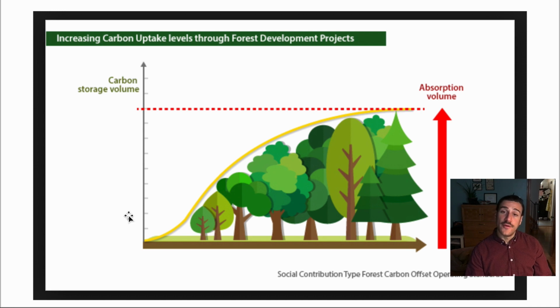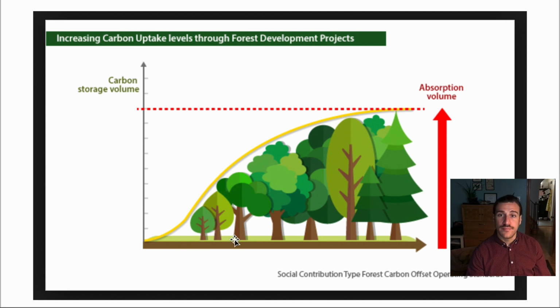Now, depending on which biome you're looking at, there is a maximum amount of carbon storage volume. So this forest is a mixed deciduous forest. There are conifers and deciduous broadleaf trees here. And through time, let's just say there's an intense forest fire, and then you get this ecological succession.